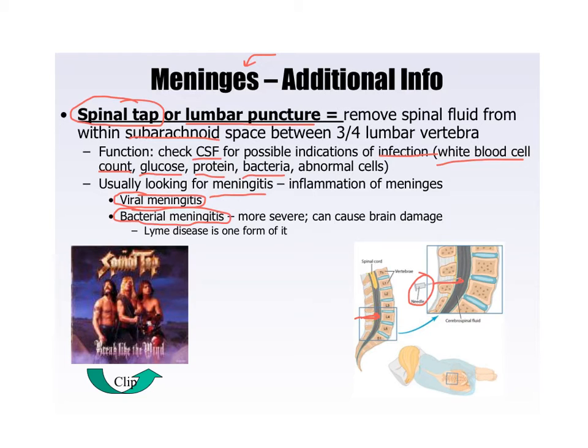And the reason why they do that is because the spinal cord actually ends between lumbar number 1 and lumbar number 2. You can see that here. So this is the thoracic vertebra, then it goes to the lumbar, and then it's going to go to the sacral. So they do it down here because obviously since the spinal cord ended up here, you're not going to damage the spinal cord by checking the cerebrospinal fluid that low.